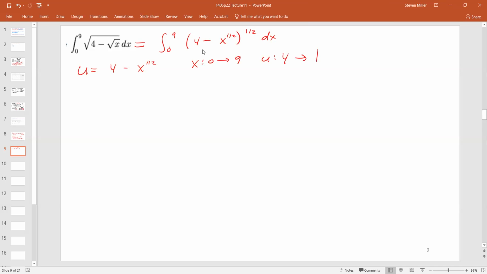If u is 4 minus x to the 1/2, what is du dx going to be? So negative 1/2 x to the negative 1/2. And that's always going to be negative in this range.